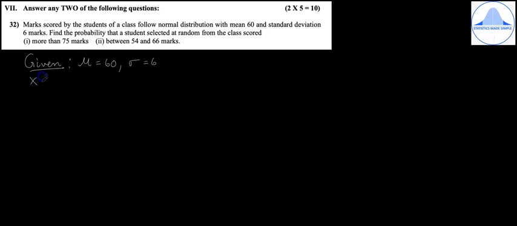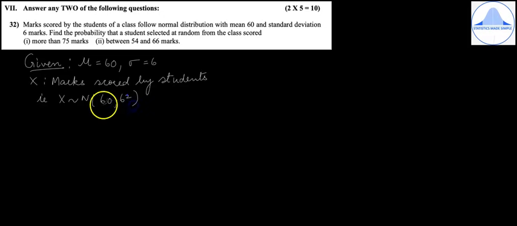Next, define x as marks scored by students. So we write that x follows normal 60 comma 6 square, that is mu comma sigma square.